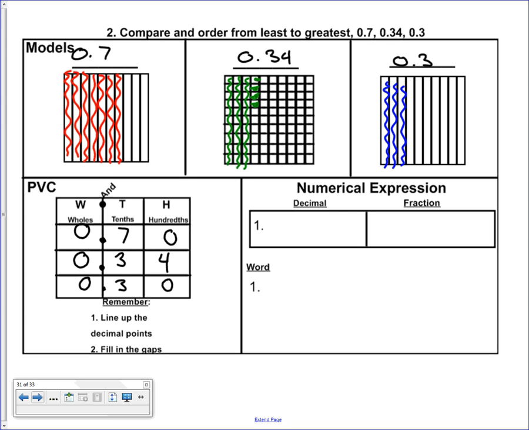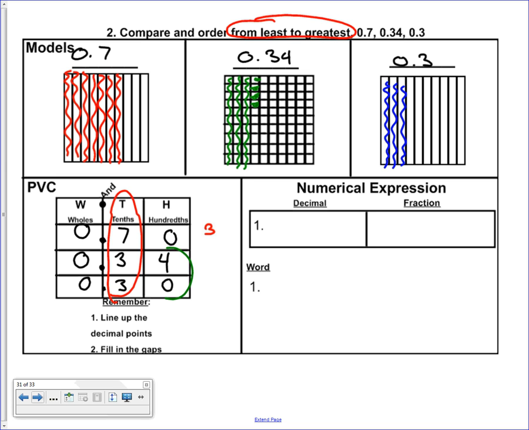So I want to compare them, going back up to the top, from least to greatest. So who is the least? The tenths is going to start to tell my tale here. 7 tenths is going to be the biggest. So we're going to rank you number 3. And the two 3 tenths tell me that they're going to be the smaller two.